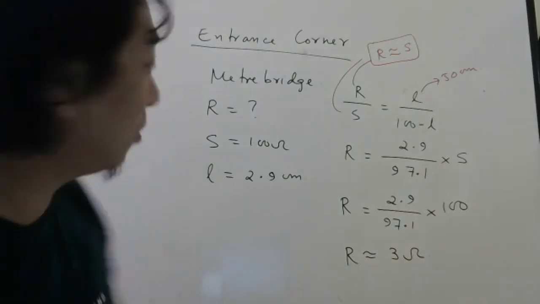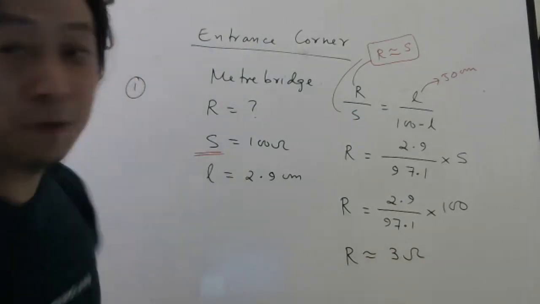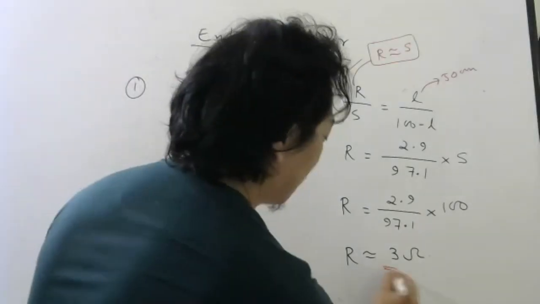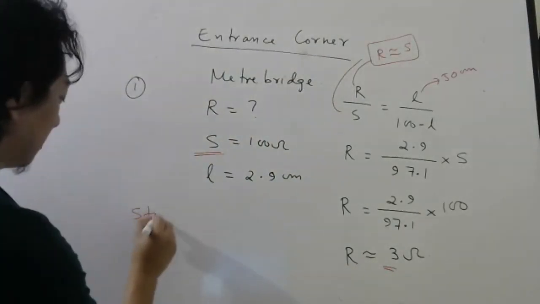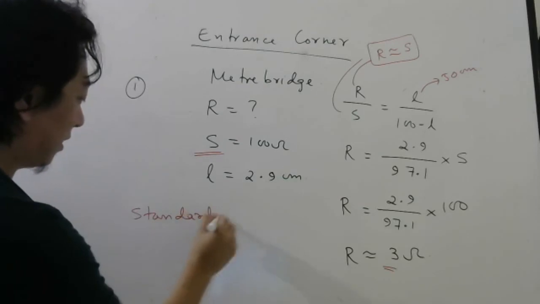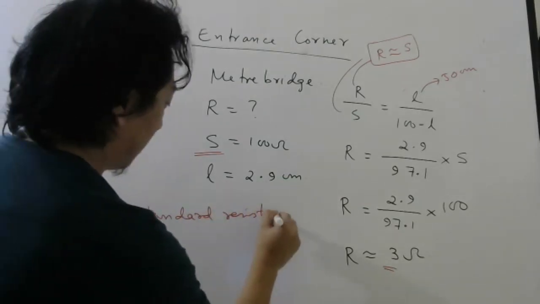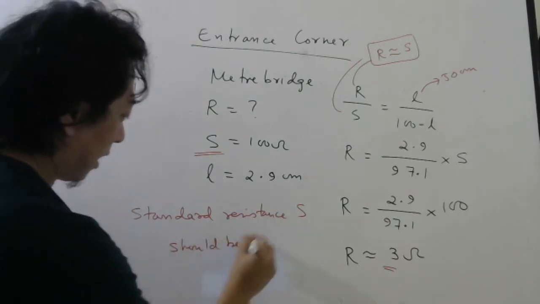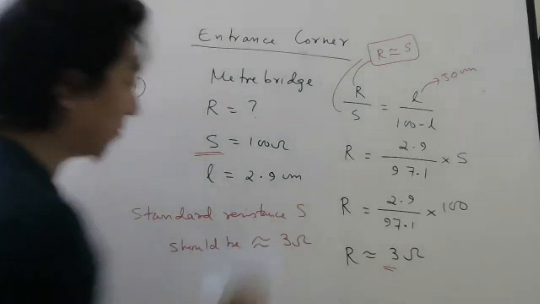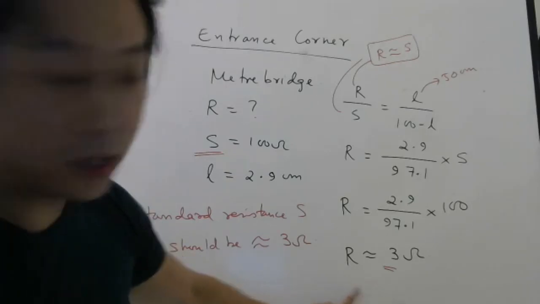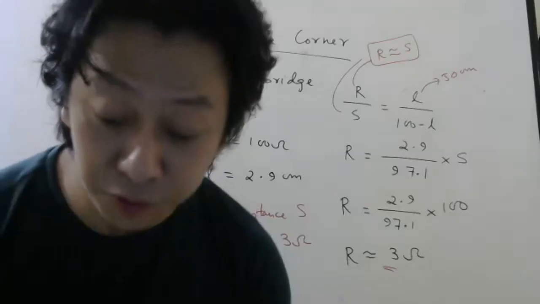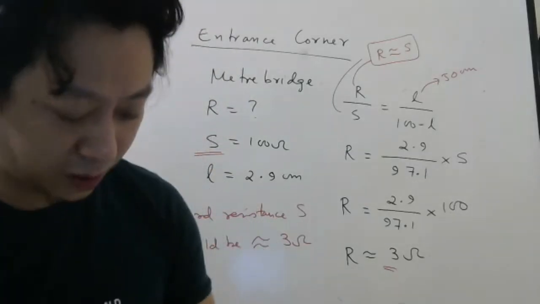That means the standard resistance should be replaced by how much? Around 3 ohm. So standard resistance, capital S, should be around 3 ohm, same as R, so that your balance point will be around 50 centimeter, which improves the accuracy. Such a beautiful question, you see. Simple also, but again you should know the meaning of error.